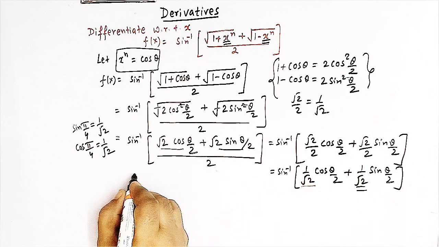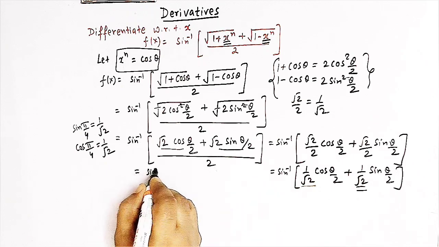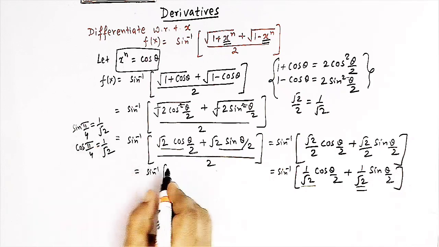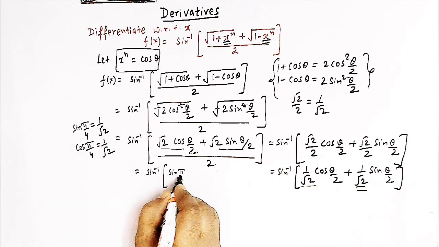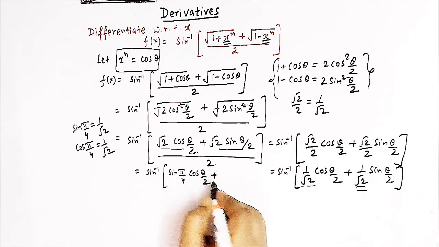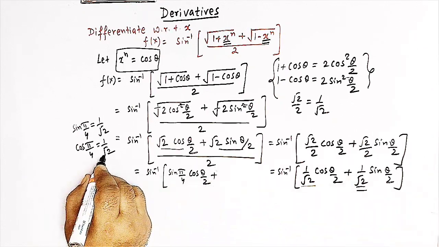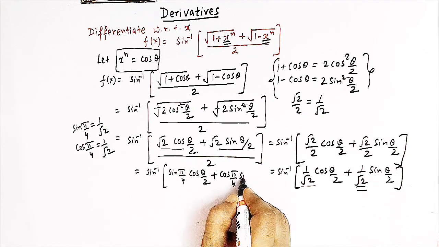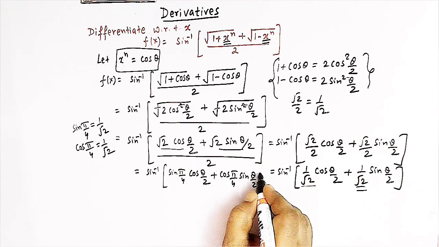So now we can write sine inverse of sine pi by 4 cos theta over 2 plus cos pi by 4 sine theta over 2.